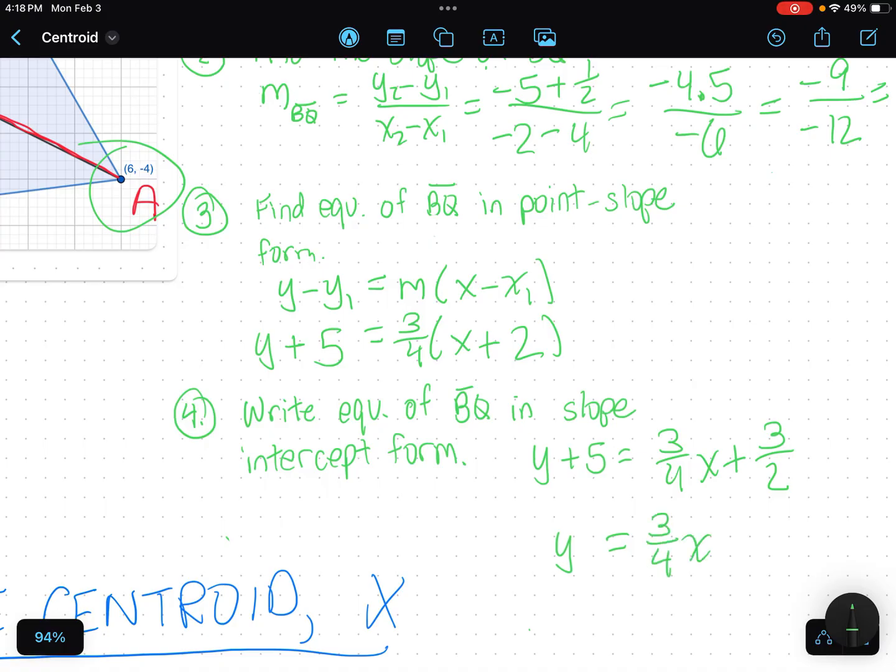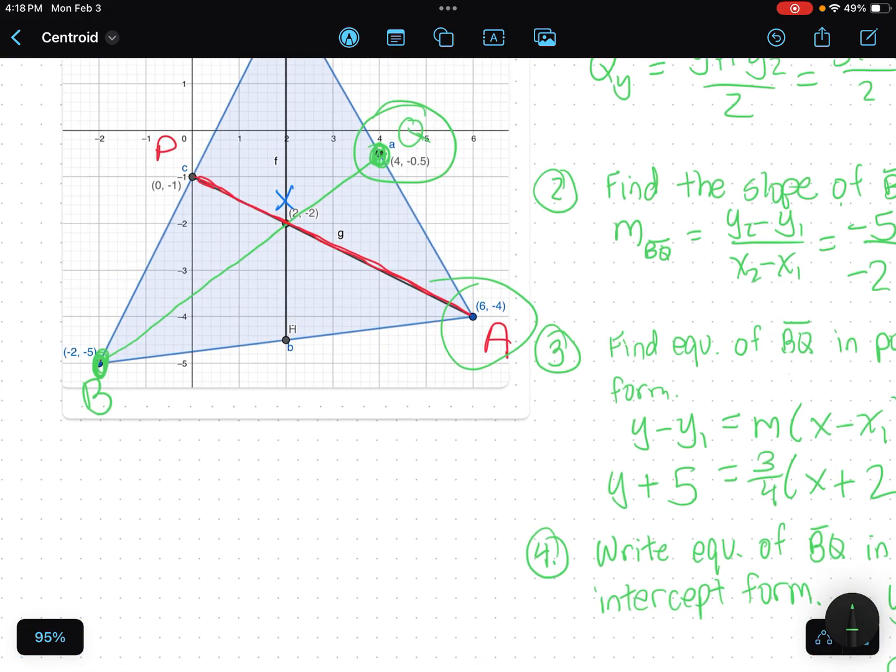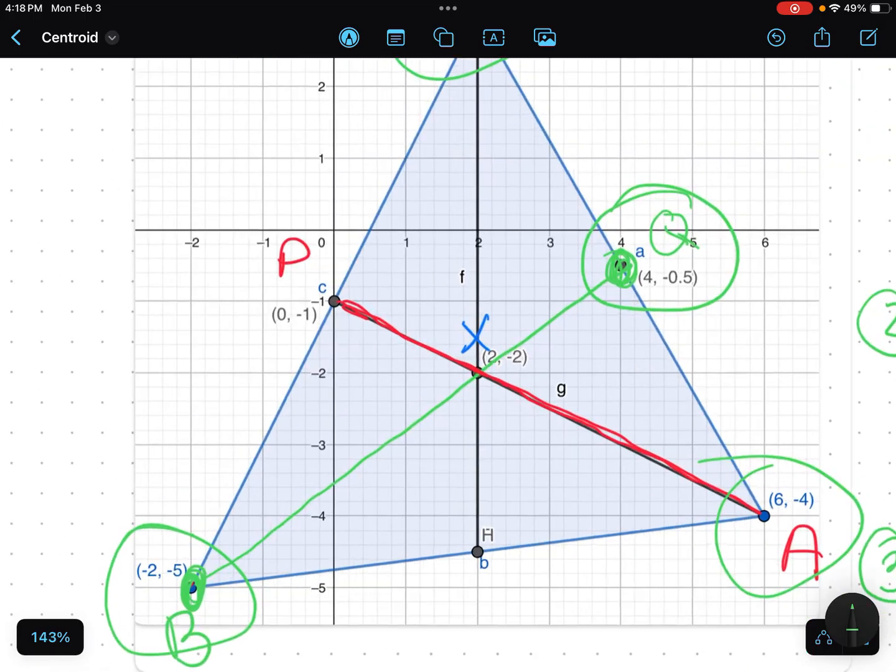And 1.5 minus 5 is a negative 3.5. And again, just because I don't have a calculator right now, I'm going to stick with that negative 3.5. So that is my equation of the median BQ, the green one right there.